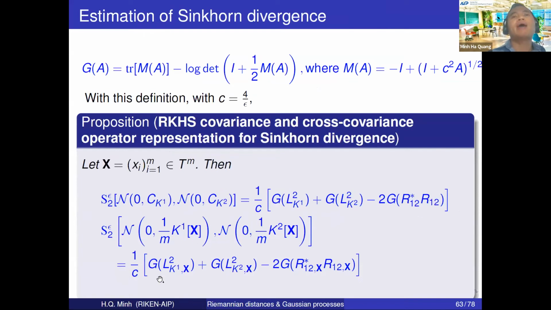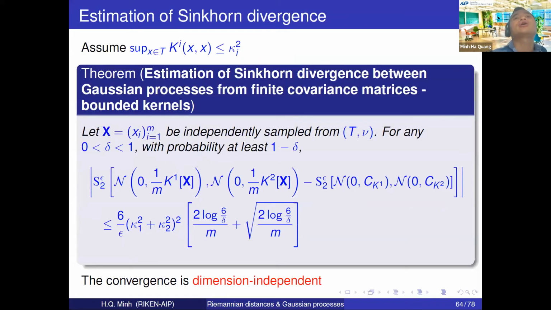So we have quantities defined on the same spaces, and we can compute the convergence here to here, here to here, and here to here. This is how the convergence is done, and we can show that the empirical version converges to the theoretical version with high probability, and the convergence is dimension independent.